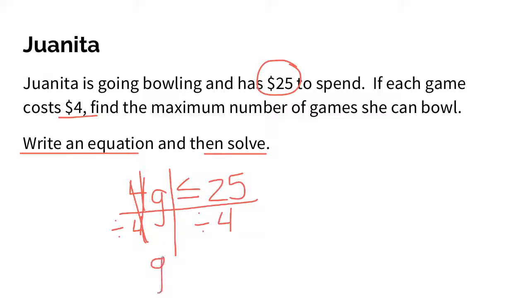And the game she bowls is going to come out to be a decimal, I believe. But in reality, you can't really bowl part of a game. They won't allow you to pay for part. And so the game she plays has to be less than, or could be exactly, 6 games.